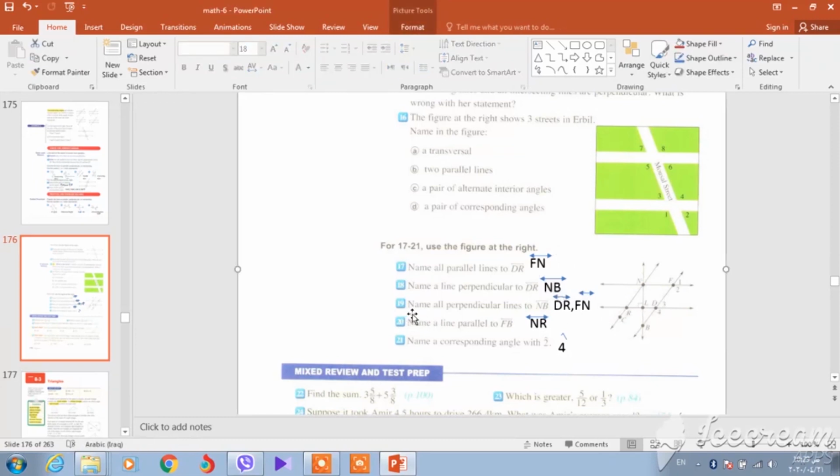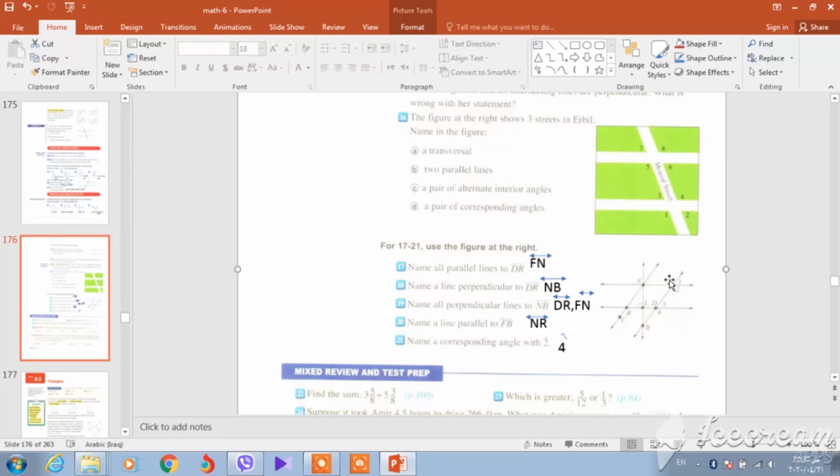And question 19. Name all perpendicular lines to NB. This is NB. Which lines are perpendicular? If you look, FN and DR are perpendicular. This line and this line are perpendicular to line NB. Question 20. Name a line parallel to FB.